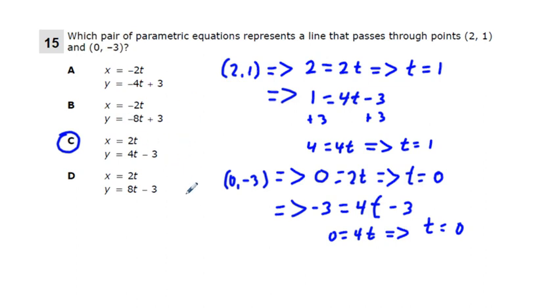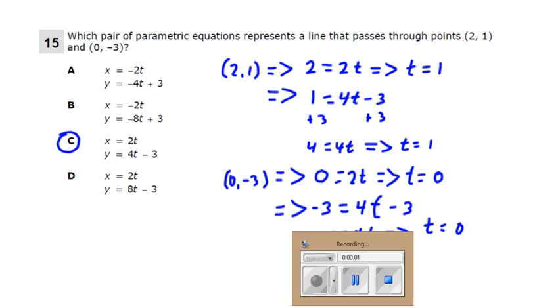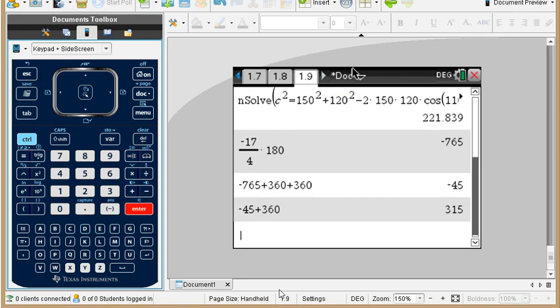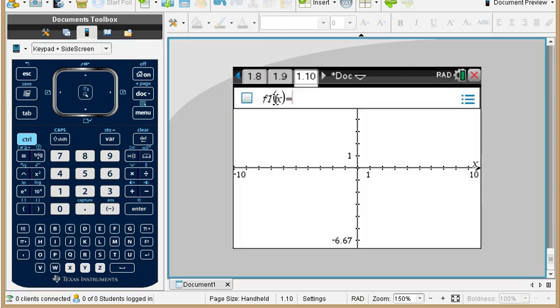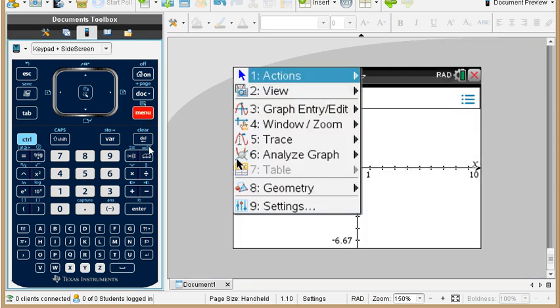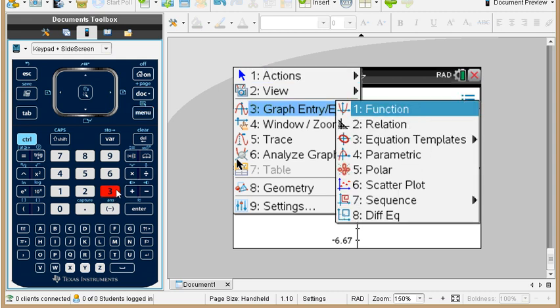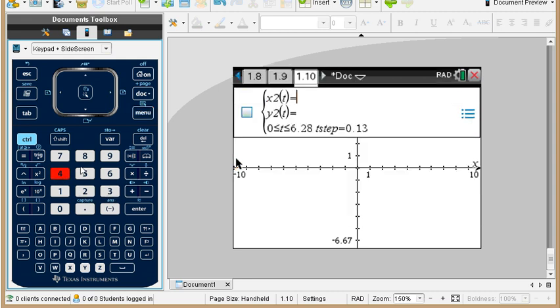We go to menu, graph, for parametric. We have equations 2t and 4t minus 3, so 2t and 4t minus 3.